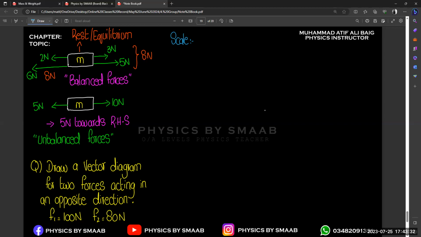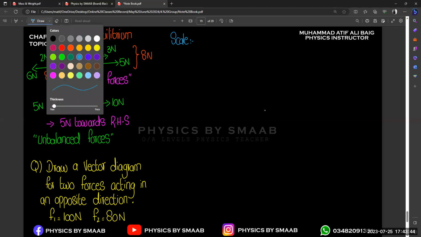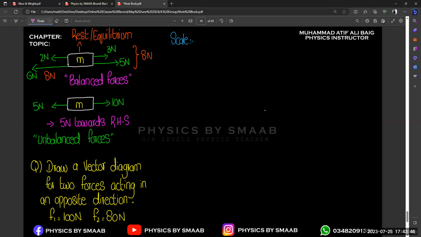So you need to write your scale in centimeters, right? Because we are not able to write in meters, as on our paper there is no space to mark a vector diagram in meters, so that's why we use centimeters. We need to take the scale in such a form that the vector diagram can easily be drawn on your paper.